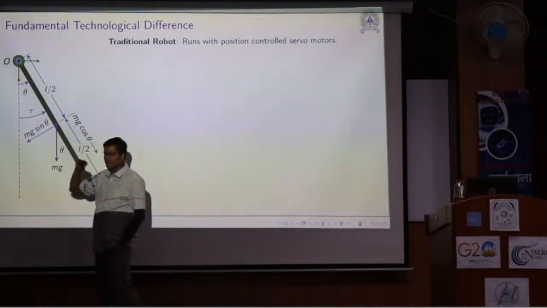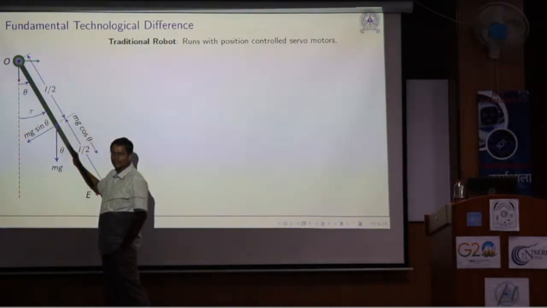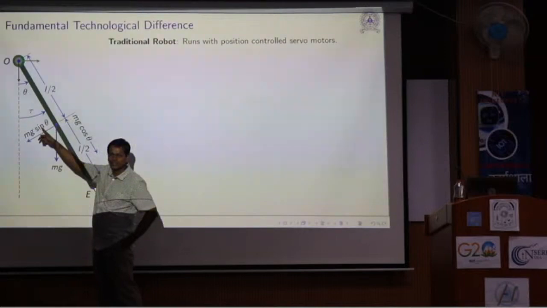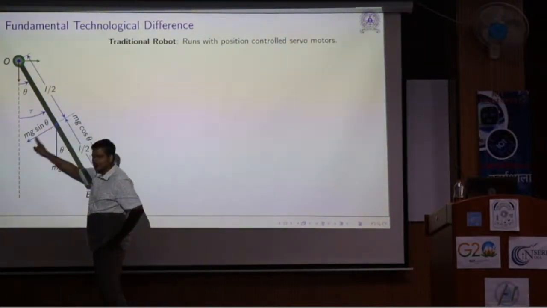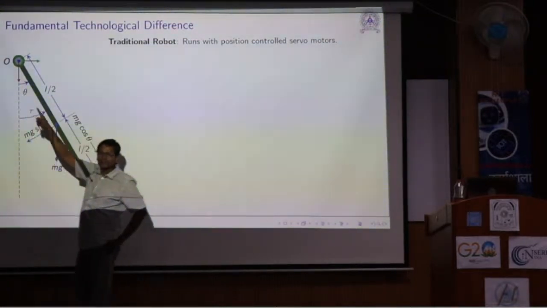It will depend on mg cos theta. There is centrifugal force also if it is moving; centrifugal force is also causing tension. Anyway, mg sin theta is the one which is responsible to create torque at that joint.